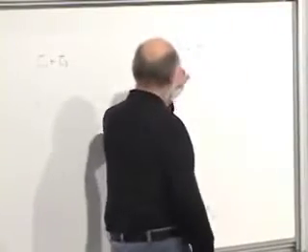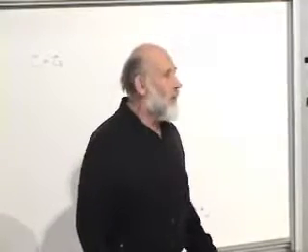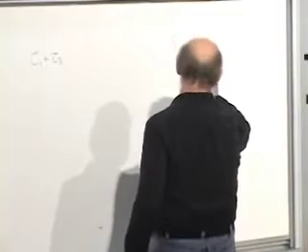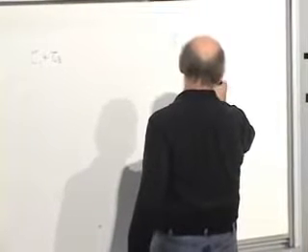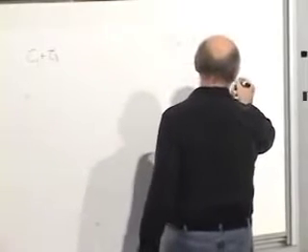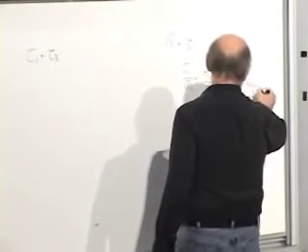What are the components of n along 45 degrees? They're 1 over the square root of 2. So this is tau 1 over the square root of 2 plus tau 3 over the square root of 2. That's the component of tau along the 45-degree axis.